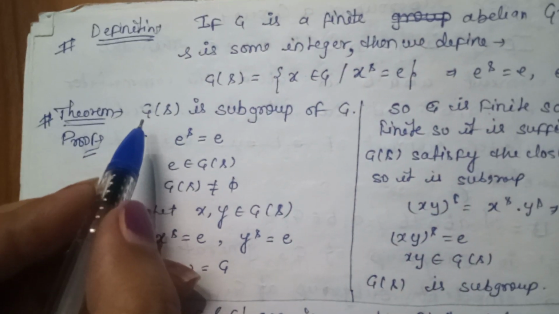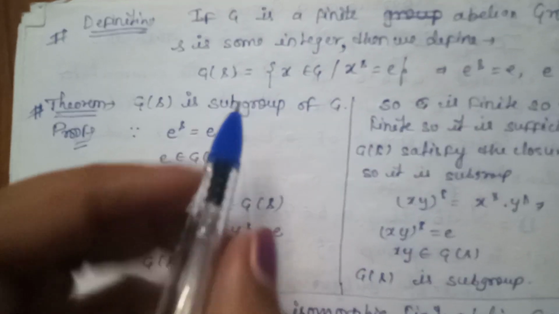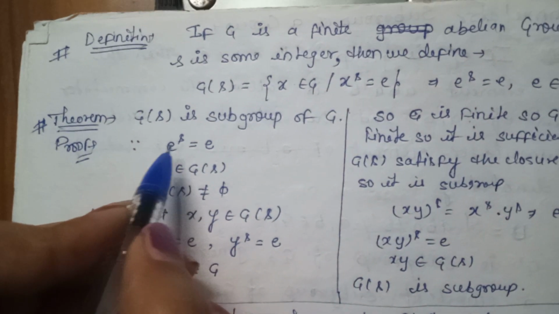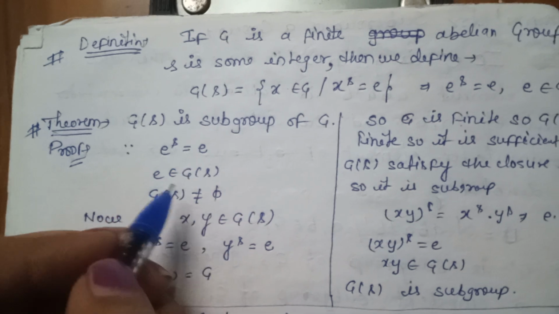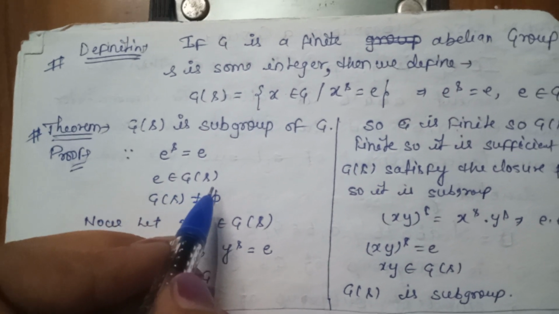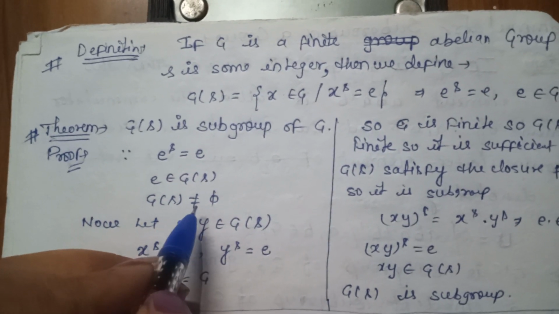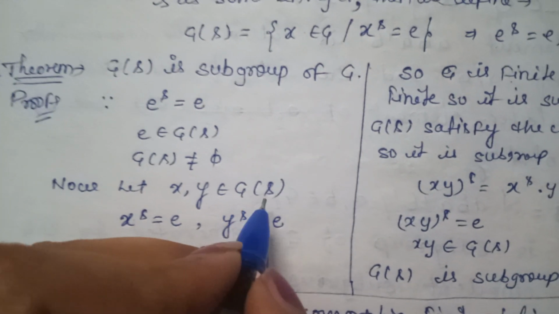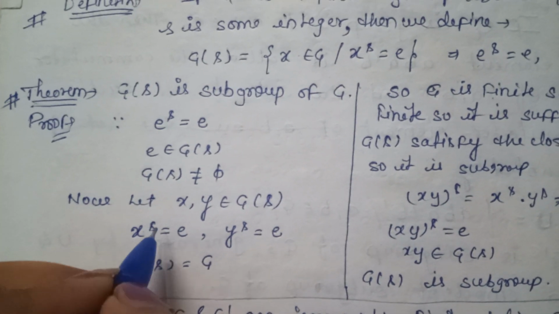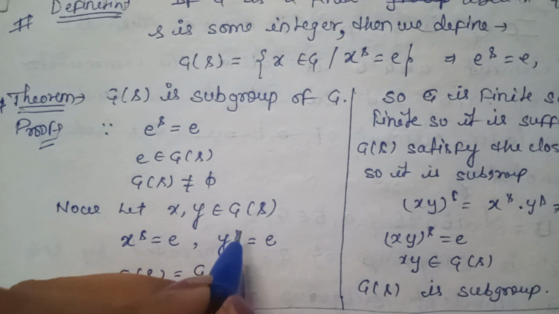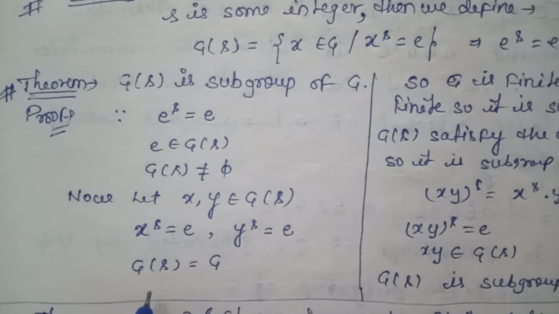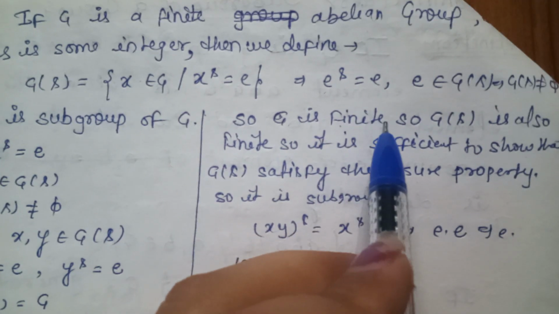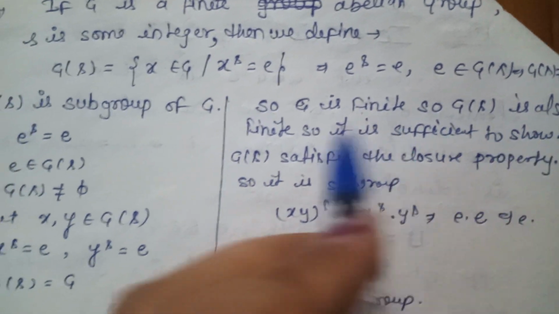There is a theorem: G_s is a subgroup of G. Since e to the power s is equal to e, e belongs to G_s and G_s does not equal phi. Now let x, y belong to G_s. So x to the power s is equal to e and y to the power s is equal to e. G_s is a subset of G, and G is finite, so G_s is also finite.